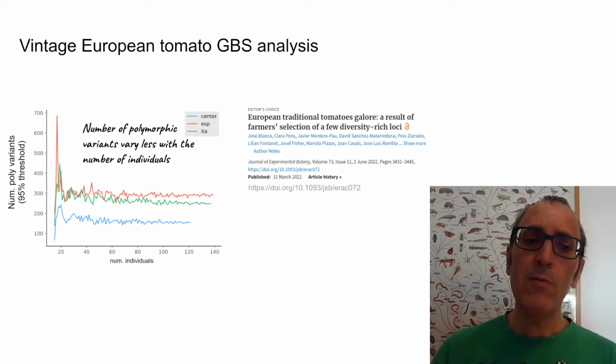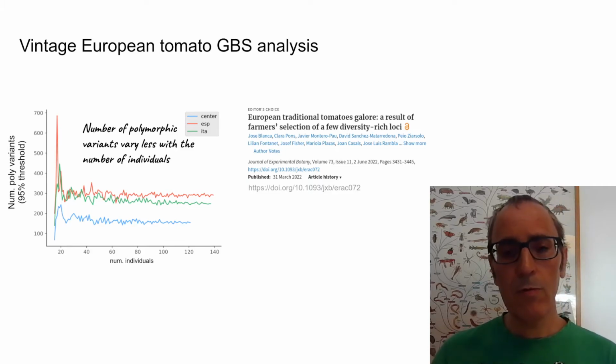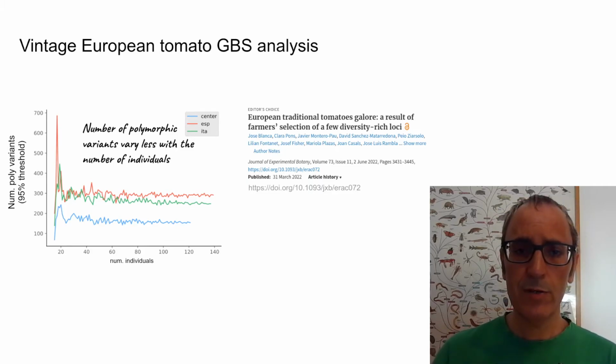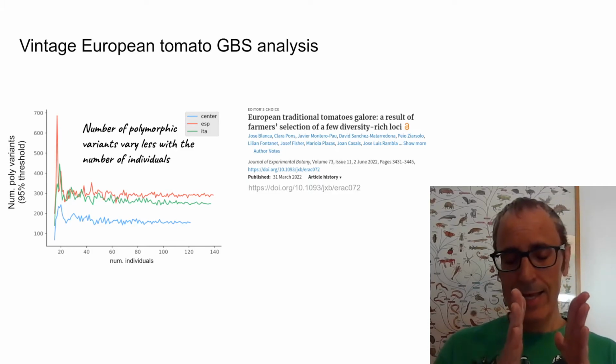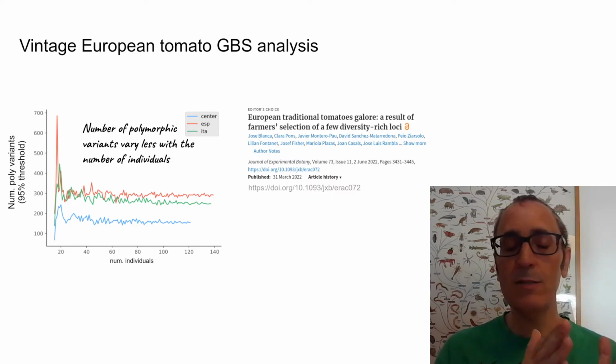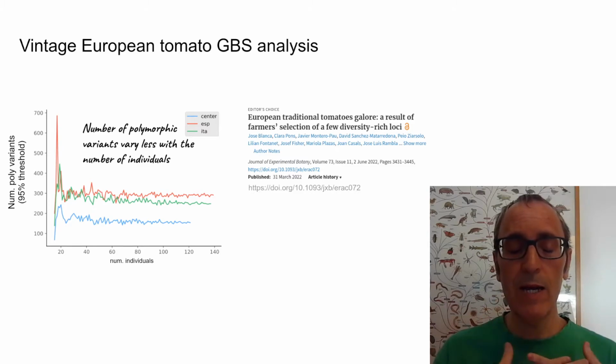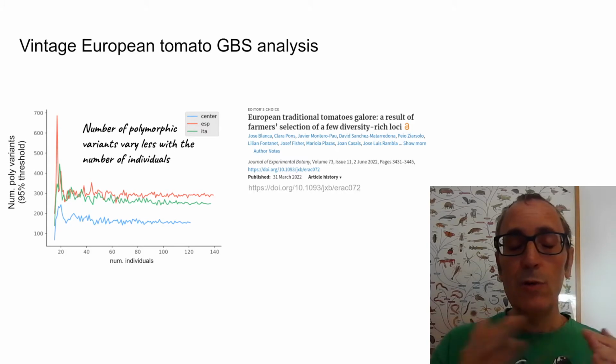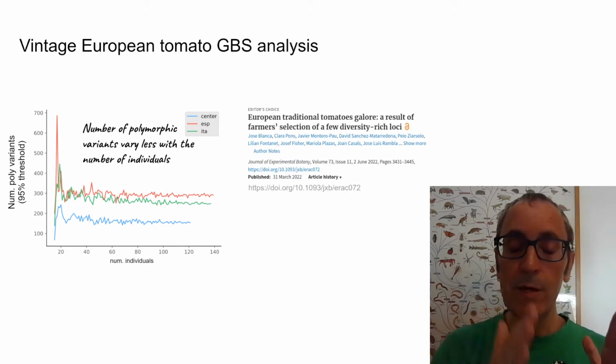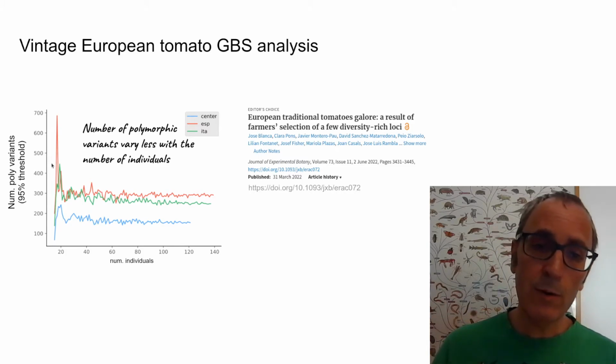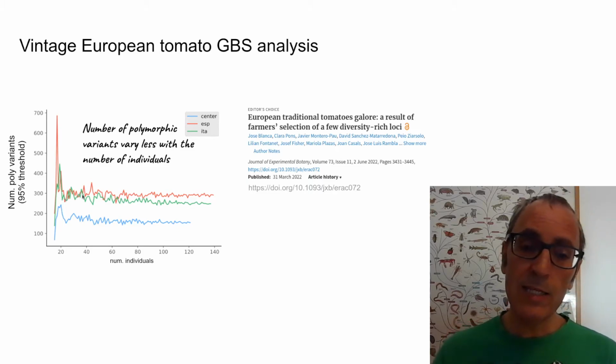The number of polymorphic variants is more robust than these previous measures because at the very beginning, when you have very few individuals, it depends just by chance on which markers you are seeing. But when you add more individuals, it reaches a point in which this measure is stable. Why?